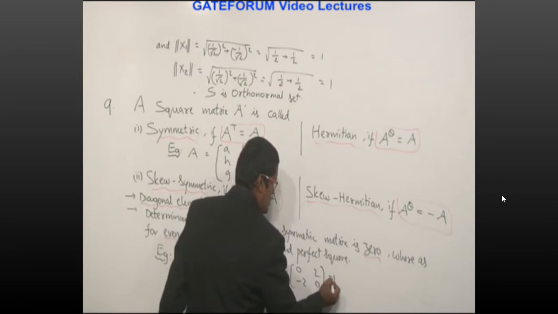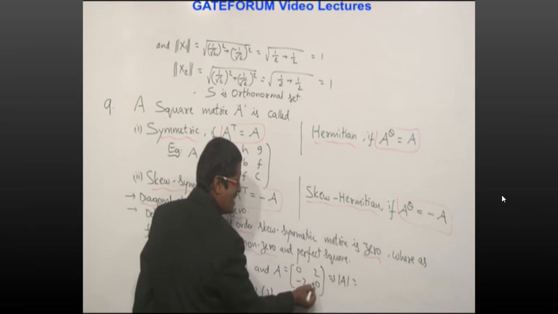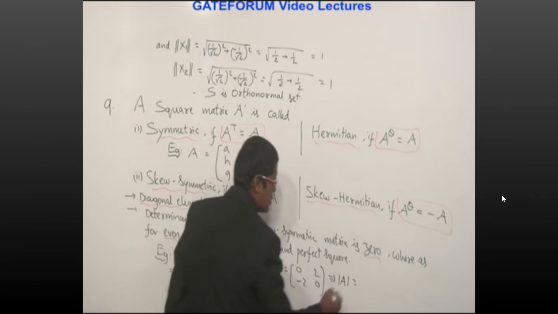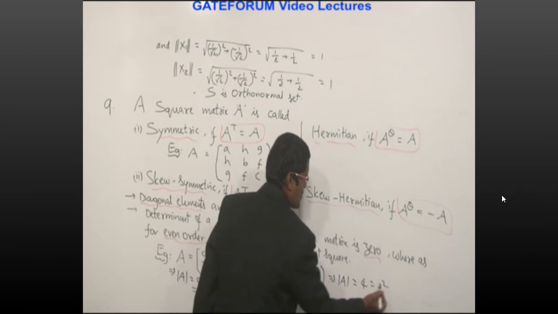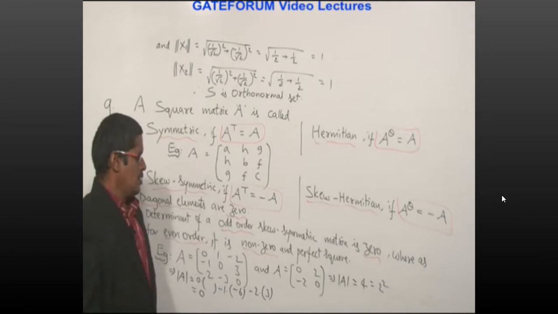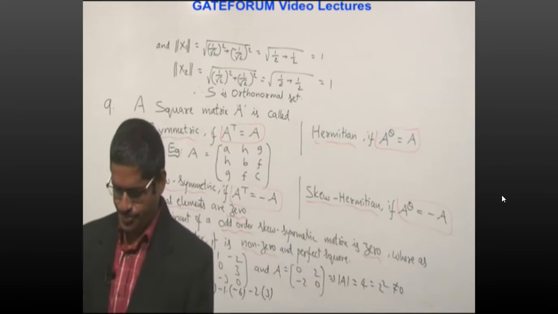Whereas for this 2 by 2 matrix, it is a direct 2 by 2, A, B, C, D determinant AD minus BC. So 4. 4 can be written as 2 square, a perfect square. So this is not equal to 0, non-zero, and is a perfect square.